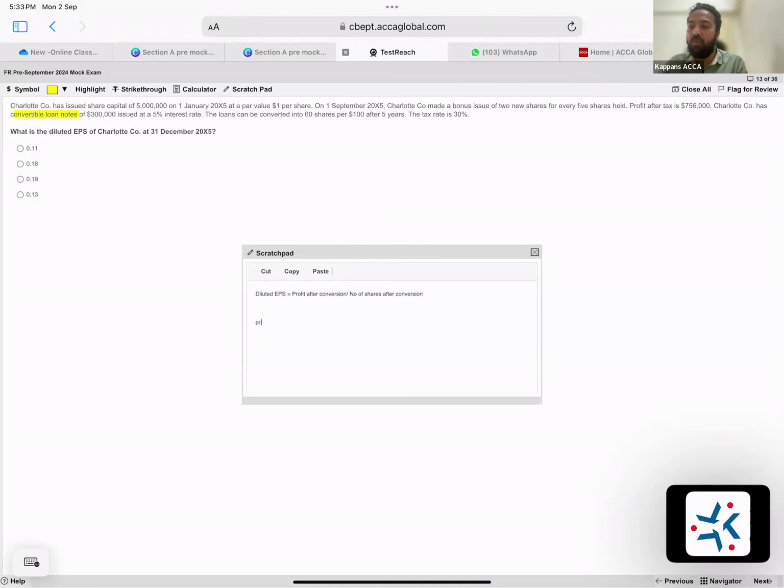And how do you calculate profit after conversion in case of diluted EPS? Basically, there are 3 steps to it. One, we start with profit after tax, which is given in the question. The profit after tax is $756,000.